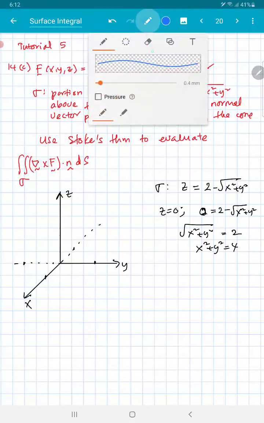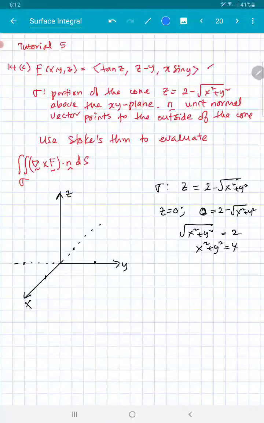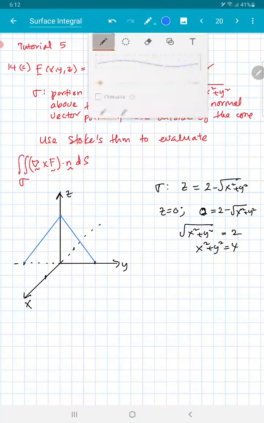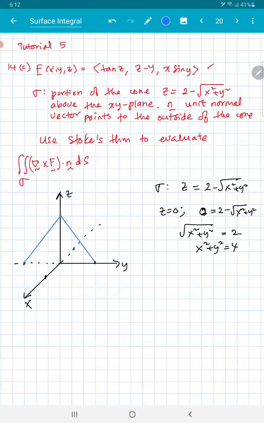We have a cone, an upside down cone. Let's say that's a 2. So it goes there, and when z is 0, we have a circle. So this is our open surface, 2, 2, negative 2.